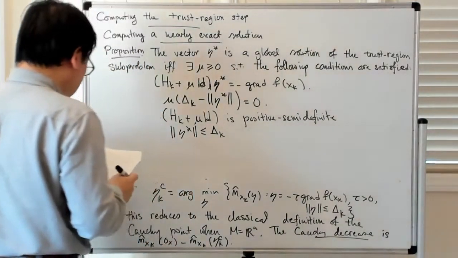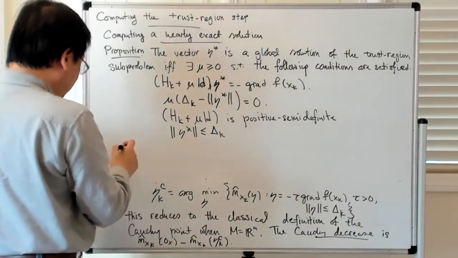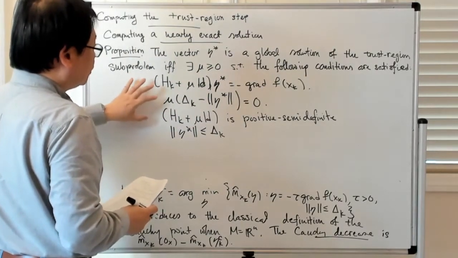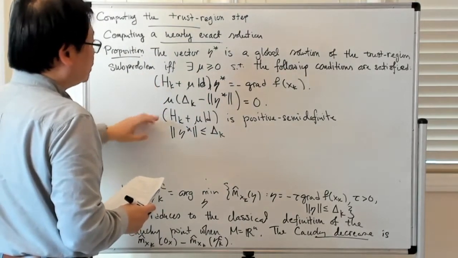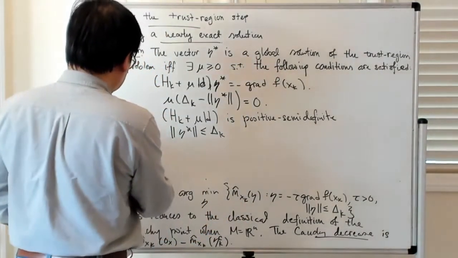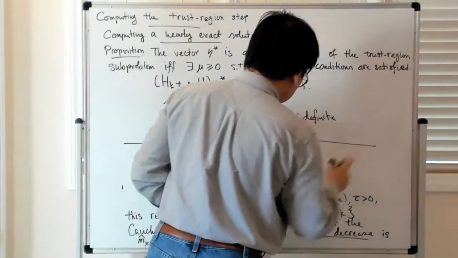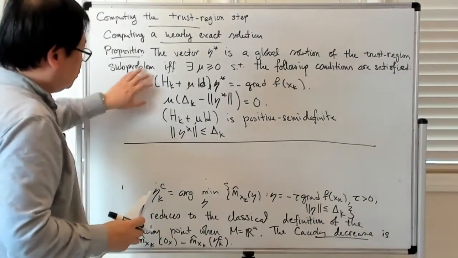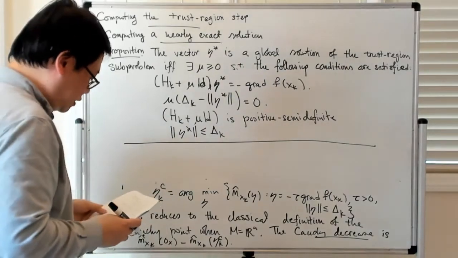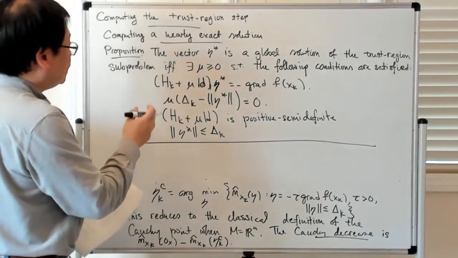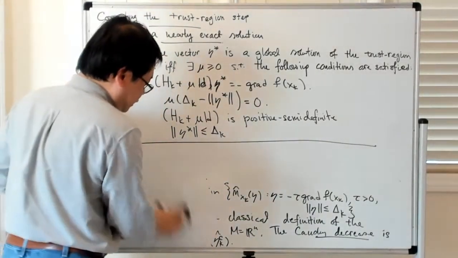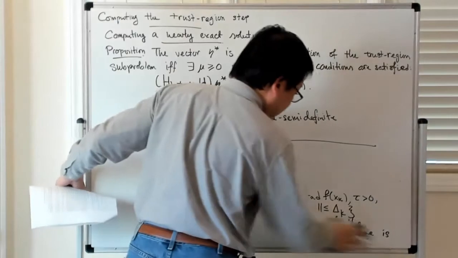The nice thing about this proposition is that these conditions are if and only if, so all of them have to hold for this to be a global solution of the trust region subproblem. This naturally leads to using some of these conditions as a way of constructing a solution of the trust region problem.